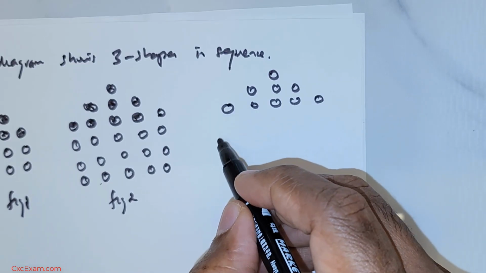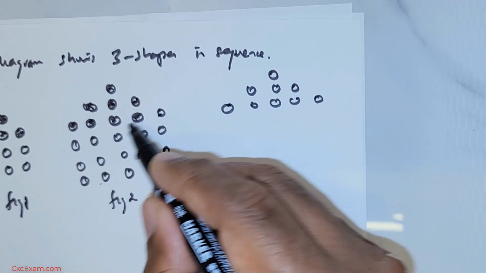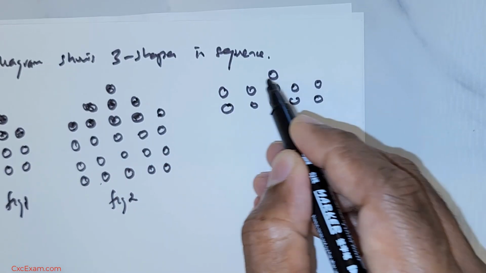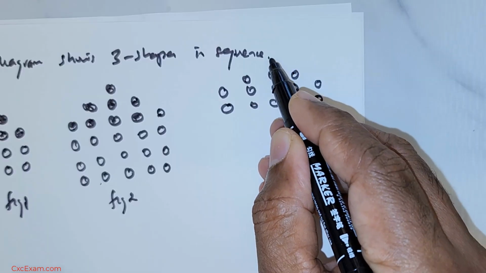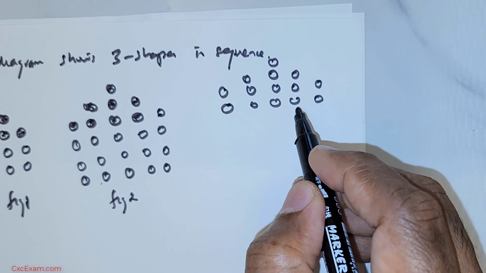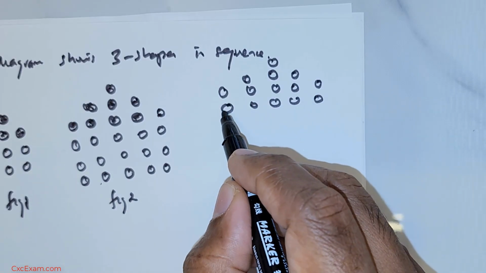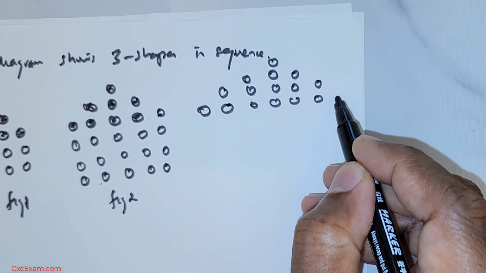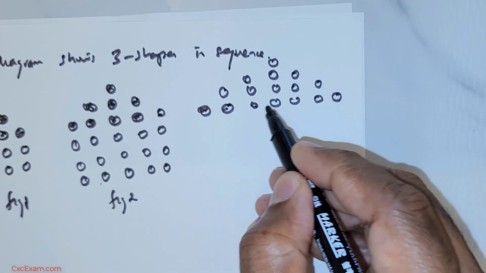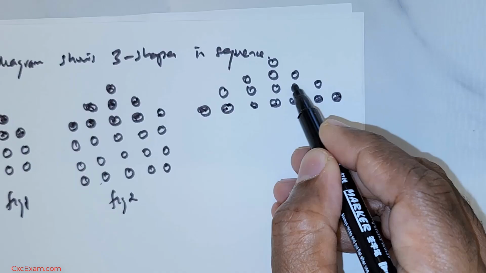Now for the next figure, what I mentioned to you in the second figure, you add a circle like this, add a circle like this, add a circle like this, add a circle like this, add a circle like this. Okay, so you have done that. Now there is an addition of a circle here, an addition of a circle here, so that the triangle is created. So all of these are black circles.